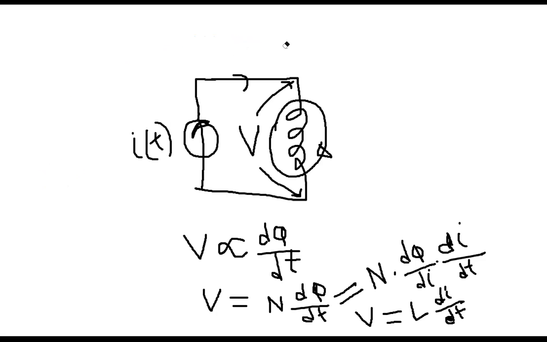So now I am going to explain the mutual inductance. Before it was the self-inductance, now it is the mutual inductance. So in the case of mutual inductance, I'm assuming that I have another coil.